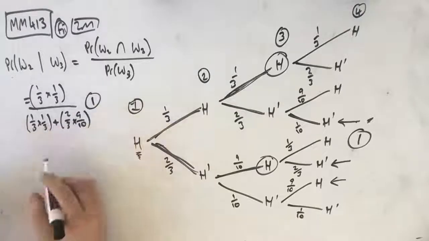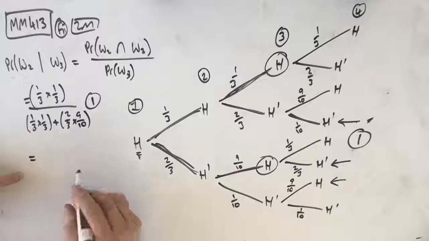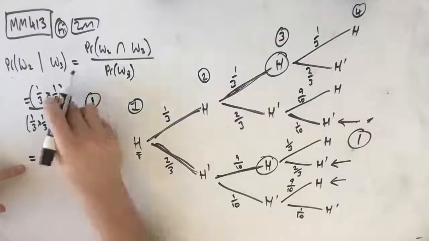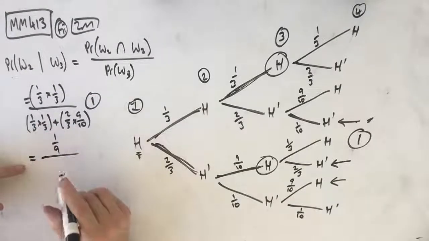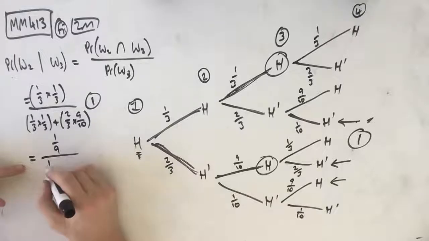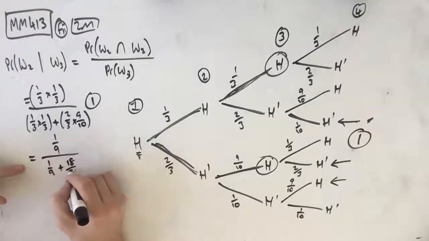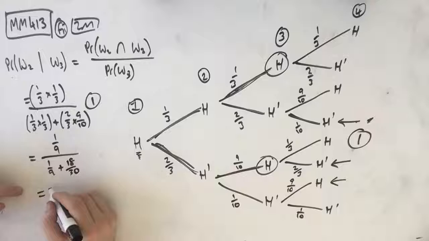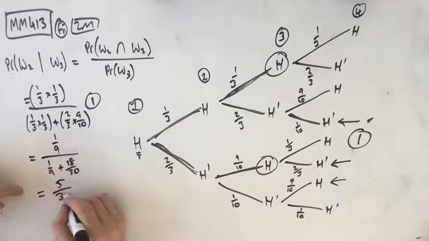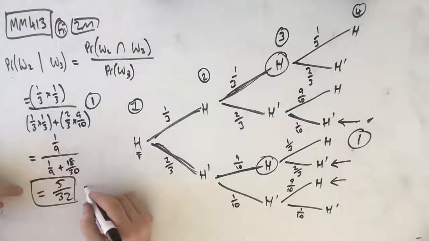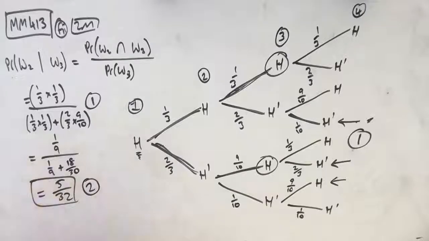This is our first mark. Now our second mark comes from our final answer, but working on the way, 1 on 3 times 1 on 3 is 1 in 9, and then we get 1 in 9 plus 18 on 30, which gives us eventually 5 over 32. And 5 over 32 is our second and final mark for part FII.